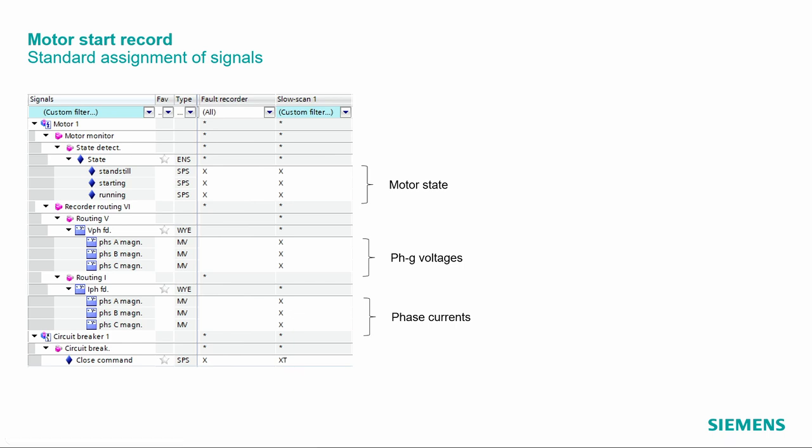Again, this slow scan recorder is highly freely programmable because it's a standard function we took over from our 7KE85, so the fault recorder device in the Siprotec 5 family. Modified it a little bit, and basically it was the motor protection who triggered this development, so that we now have also the slow scan.